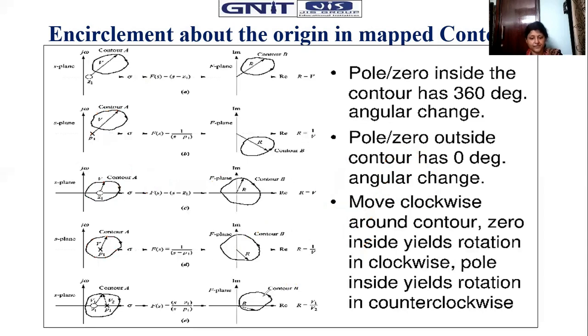Similarly, if any zero exists, there will be an angle of 2 pi too, also in the clockwise direction. But as the poles and zeros exist in the numerator and denominator, what will happen?